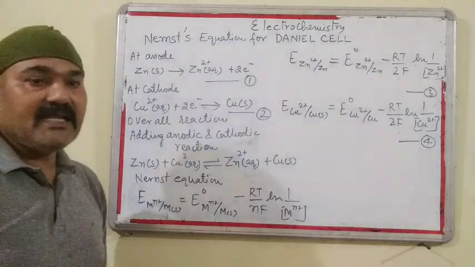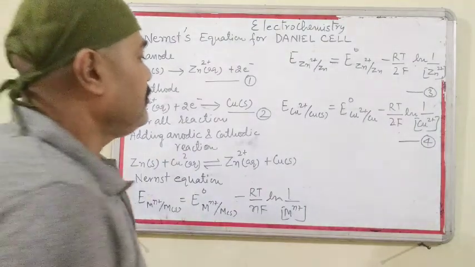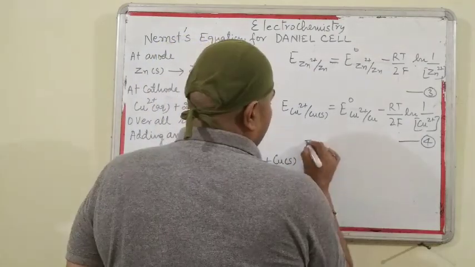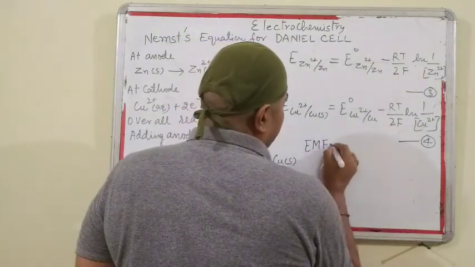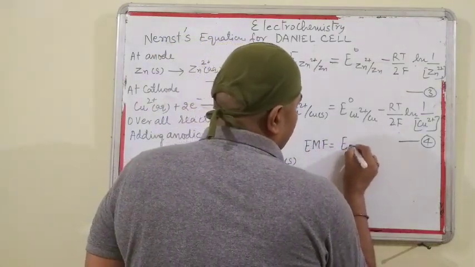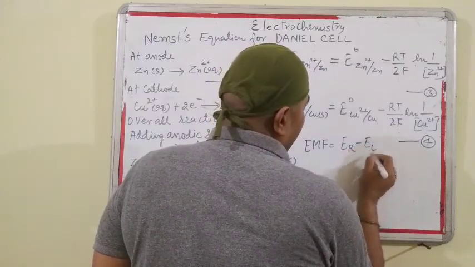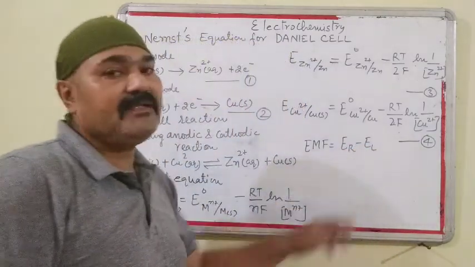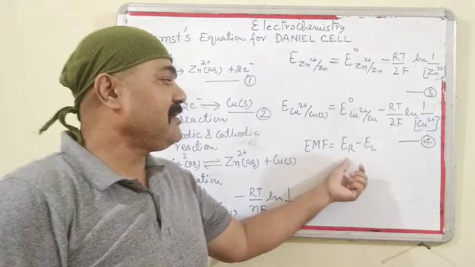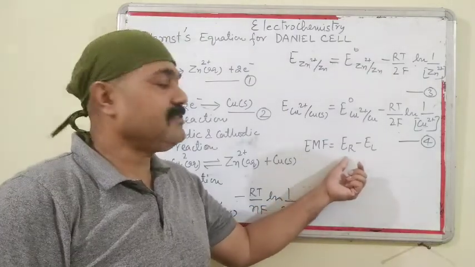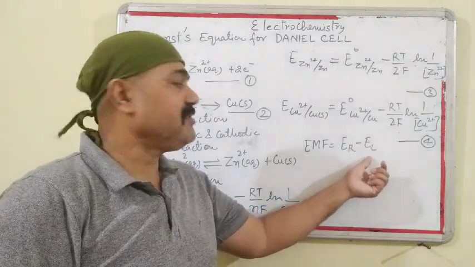Now to find the EMF of the complete cell, we know that EMF is equal to E right minus E left, the EMF of the right section minus the EMF of the left section.